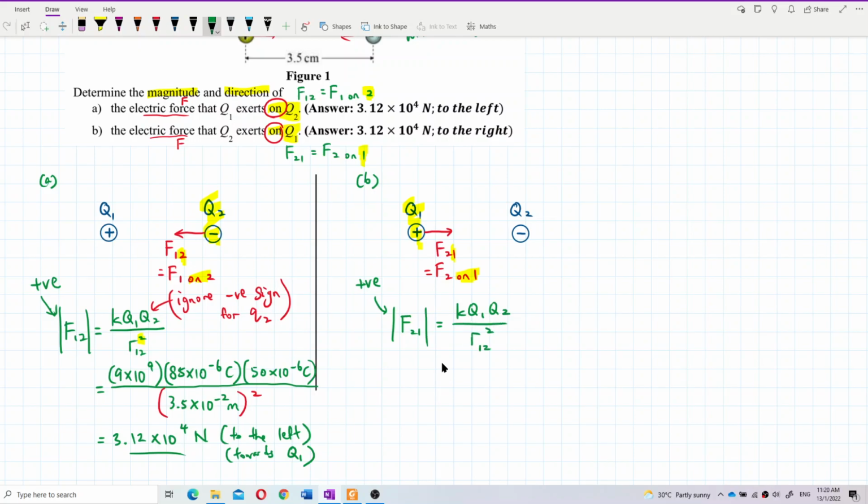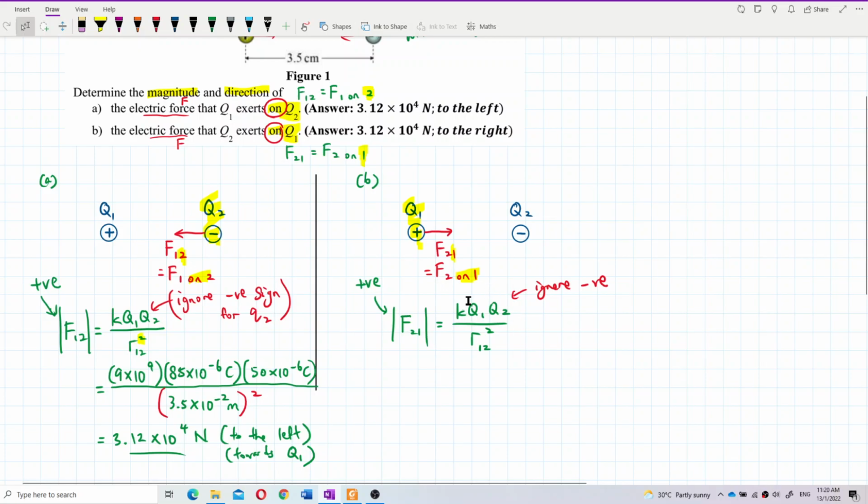Again, you ignore the negative sign. Although Q2 is a negative charge, we just ignore the negative, because it's modulus, so it's all positive value. So you see, these two formulas are the same.